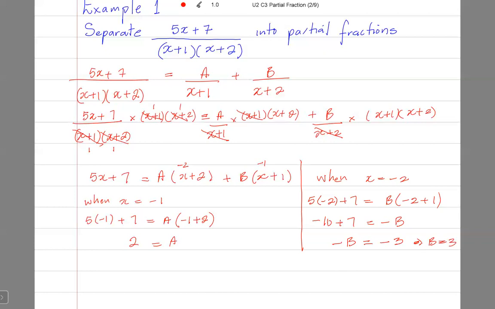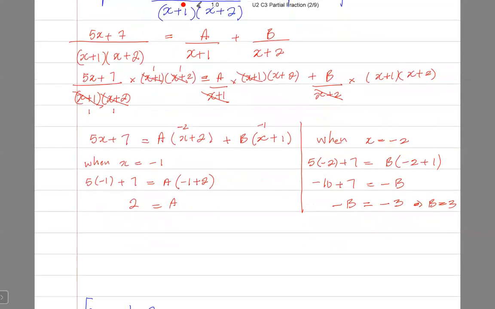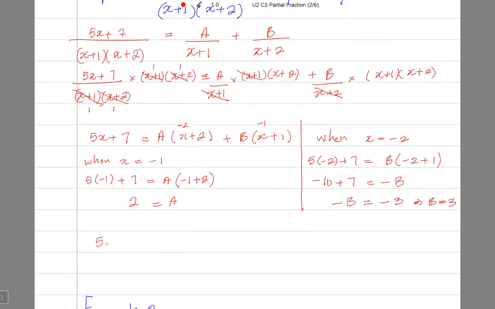So now that I know what a is and what b is, I can say that 5x plus 7 over x plus 1 multiplied by x plus 2 is equal to a, which is 2 over x plus 1, plus b, which is 3 over x plus 2.